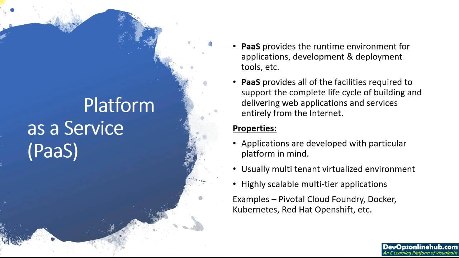Because of this nature, it helps provide more scalability to your application stack so that it becomes cloud friendly, and it allows running multiple applications on a single platform infrastructure. Some of the examples include Pivotal Cloud Foundry, Docker, Kubernetes, and Red Hat OpenShift.